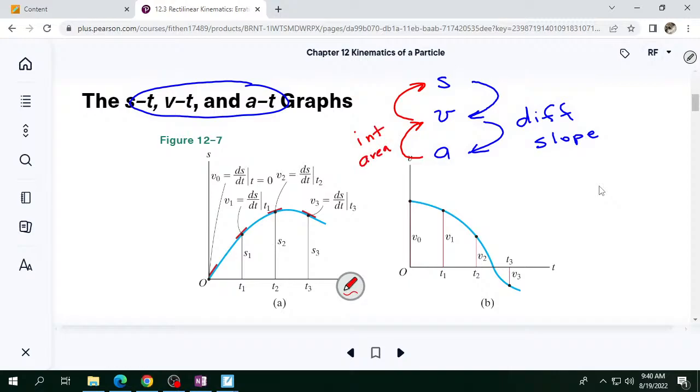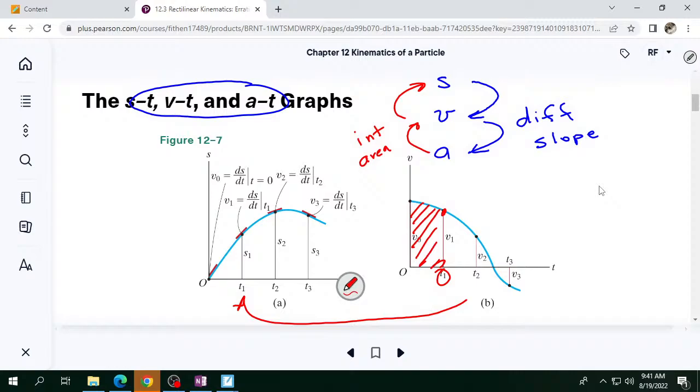So if I have the velocity and I'm wanting to move up and get this, then if I want to know S at this particular time, I just take the area here, and that's what that'll give me.